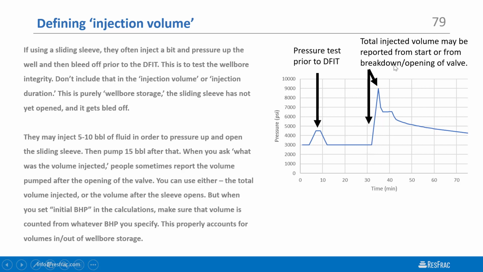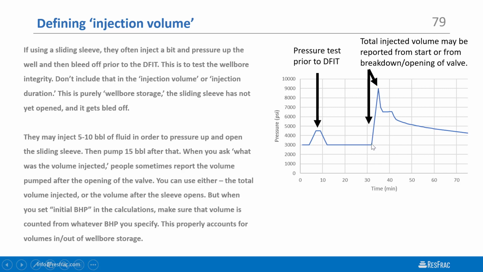Now, another thing is sometimes they might report injected volume as, like here's where the valve opens, so they're going to count only the injection here. They're not going to count the injection prior to the opening of the valve. So you just got to be careful and make sure you ask, because in our DFIT interpretation procedure, we're accounting for wellbore storage, and frankly, you could start the interpretation from here or here, but you need to know which it is because you need to account for the wellbore storage.